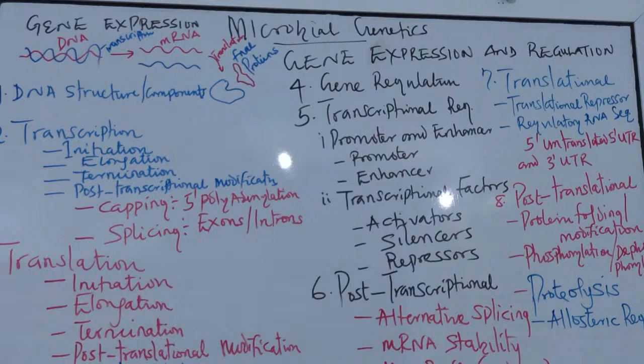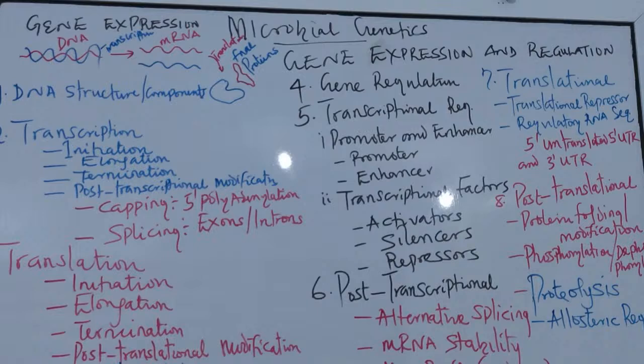So initiation is when the transcription factor and the RNA polymerase, the two of them, bind to the promoter region of the gene, and immediately after that, the DNA will start to unwind locally.